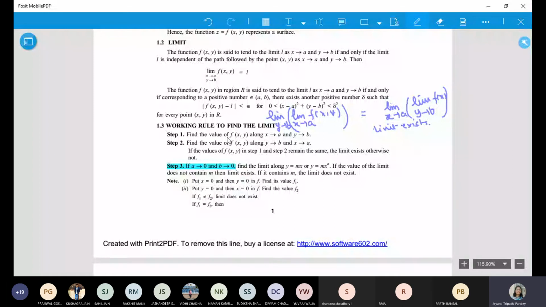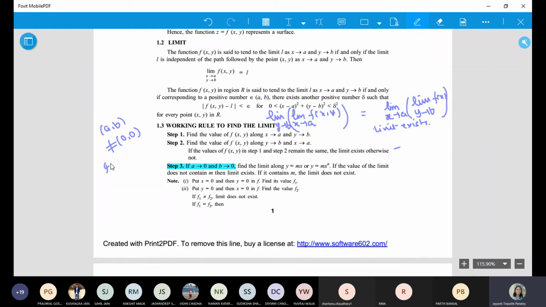Okay. Find the value of fxy along x tending to a and y tending to b. Then find the value of fxy along y tending to b and x tending to a. If the values of fxy in step 1 and 2 remain the same, the limit exists, otherwise not. Here what is happening? AB is not 0, 0. Okay, this is important.